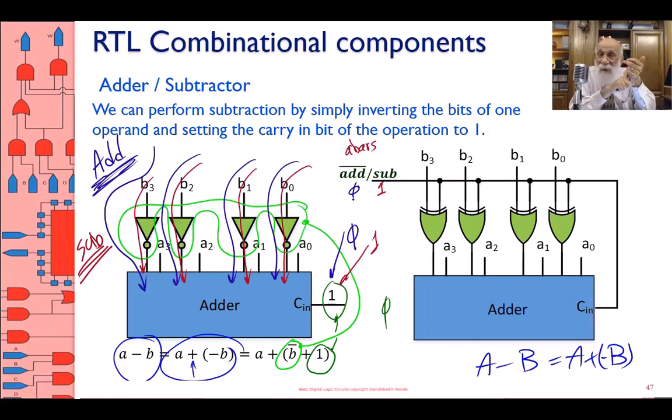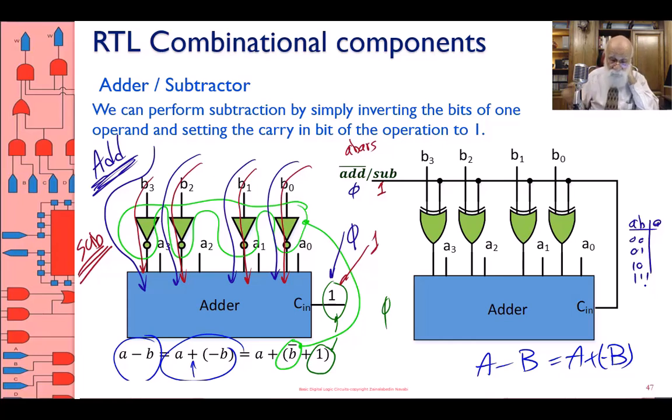It is a parity circuit, meaning that if the number of ones on the XOR is odd, the output becomes 1. Okay, that's another one. I'm also claiming that XOR is a controlled inverter. Look, A, B, XOR of A and B. 0, 0, 0, 1, 1, 0, 1, 1.